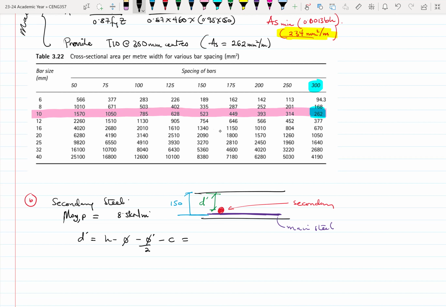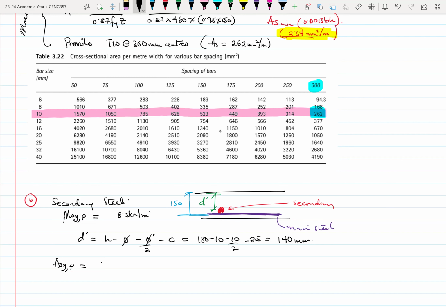So when you do the math, it becomes 180 minus 10 over 2 minus 25, and that'll give me 140 millimeters.